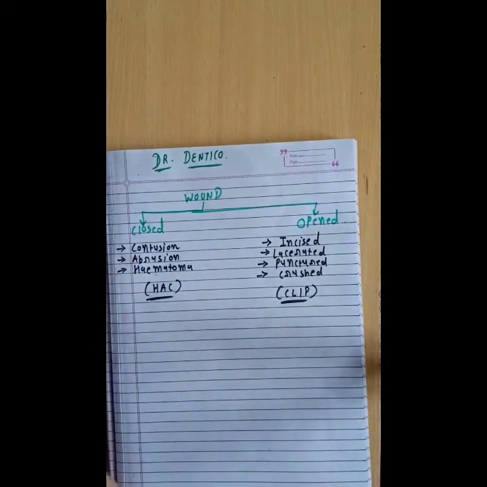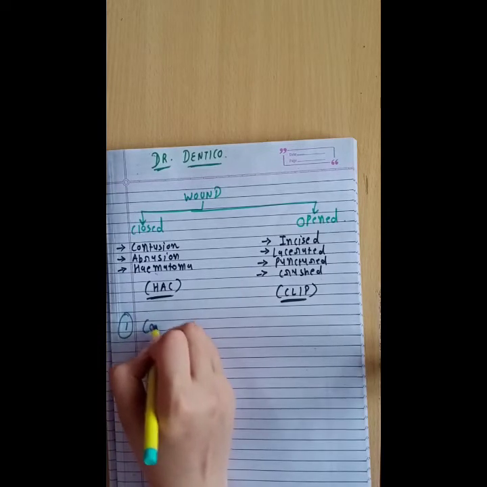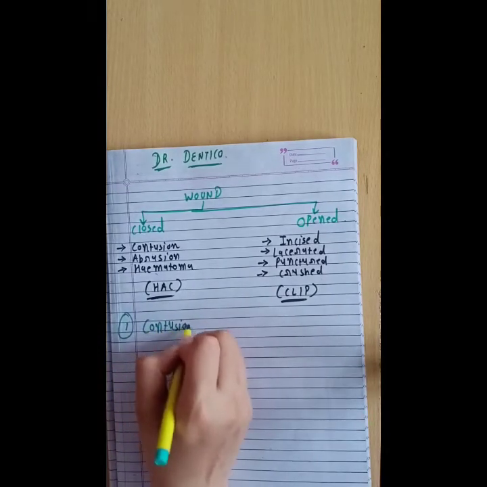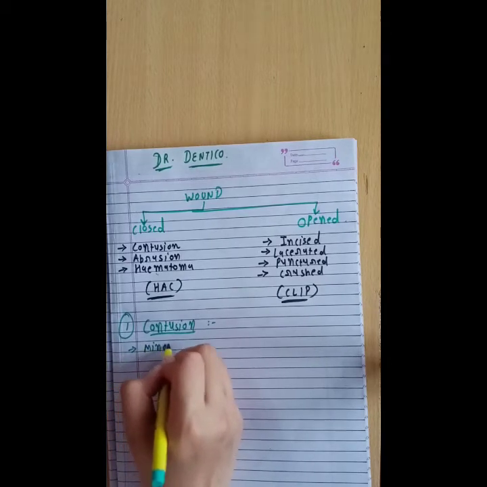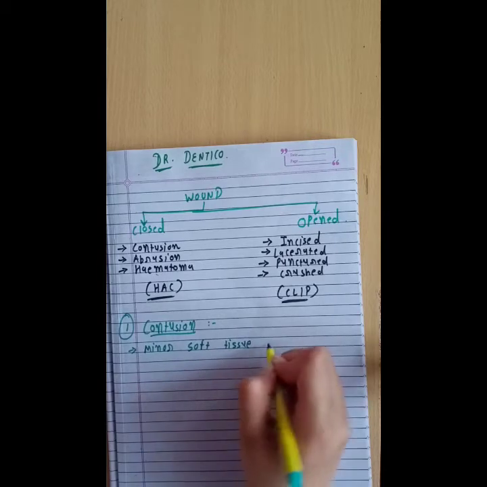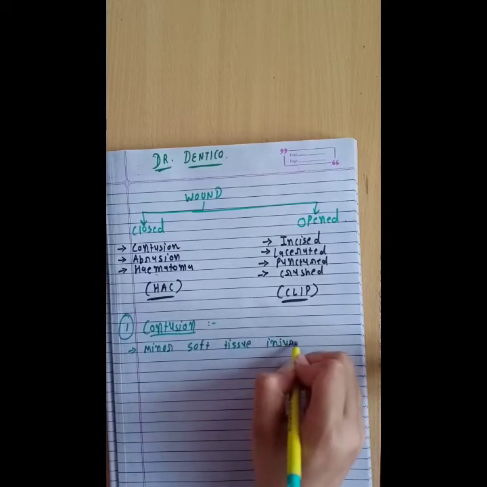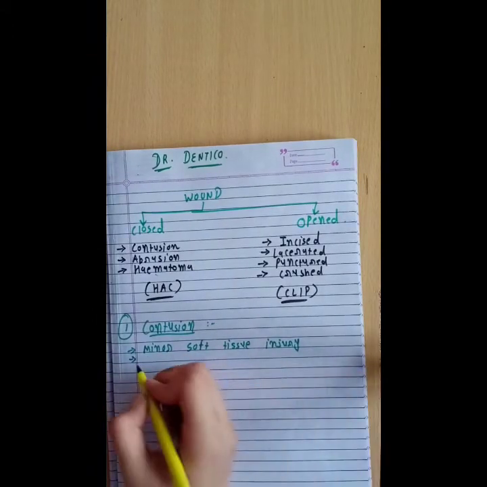So first is the contusion. Contusion is a minor soft tissue injury. So when it is soft tissue injury and also minor, it doesn't involve skin.